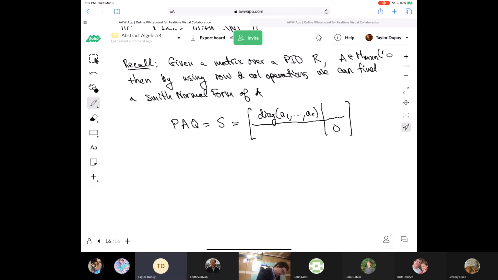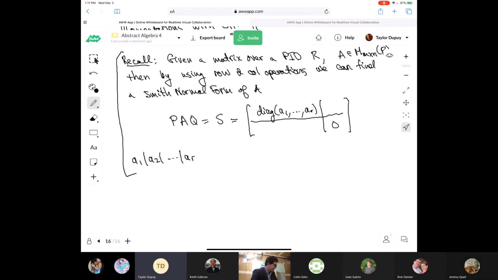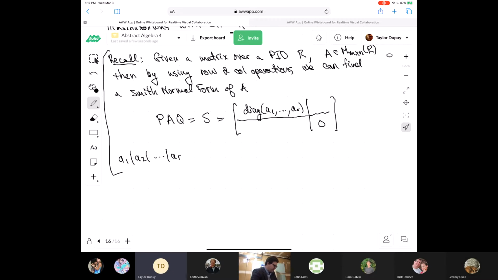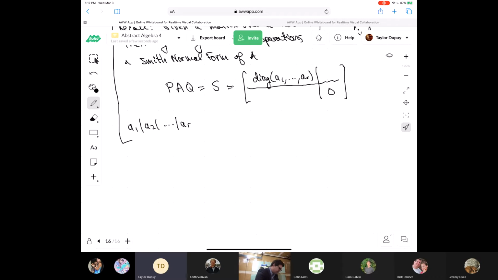It has the condition that A1 divides A2 divides and so on, divides AR. So this is what the Smith normal form looks like. And the idea is that this gives us nice presentations of modules.